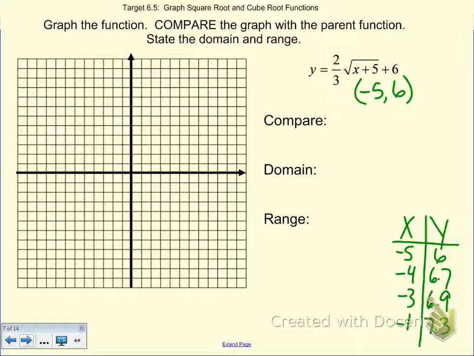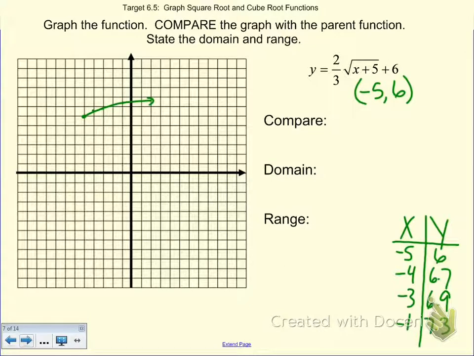Remember, you can get these by plugging these numbers into your calculator or by using the table function on your calculator as well. So when we graph this, we have -5, positive 6. And then the point -4, 6.7. And then -3, 6.9. And -1, 7.3.